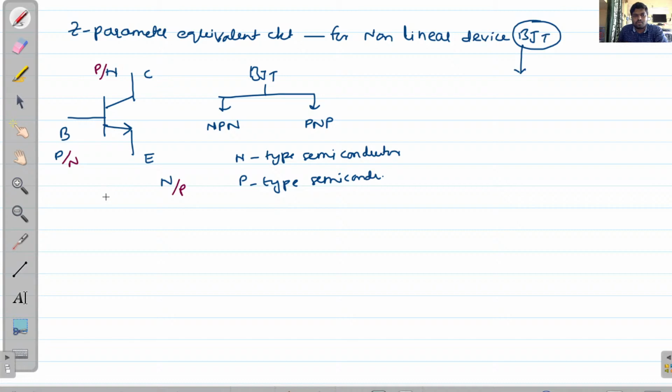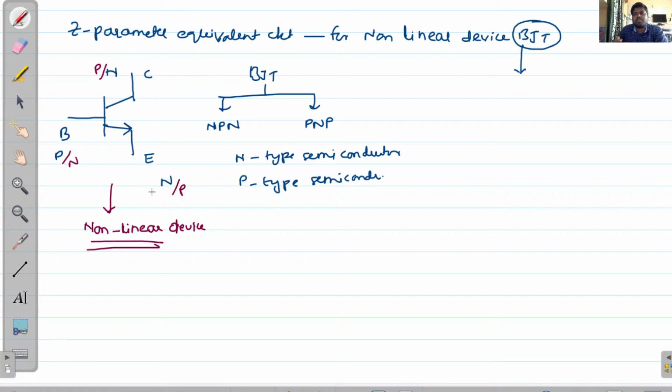So this device is a nonlinear device. If you draw the characteristics between voltage and current, you will get a nonlinear curve. Based on VI characteristics, we can decide this BJT acts as a nonlinear device. But in order to design any circuit, we have to go for linear characteristics only.